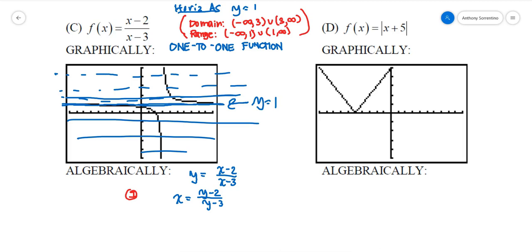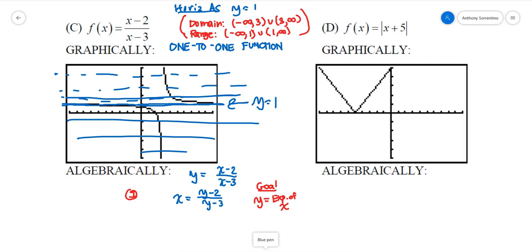Now again, my goal is to get y as some expression of x, which means I want y alone on one side, and on the other side I want to have x's, constants, and that's it. I don't want any y's on the right hand side.